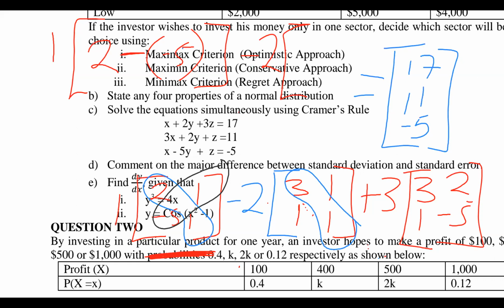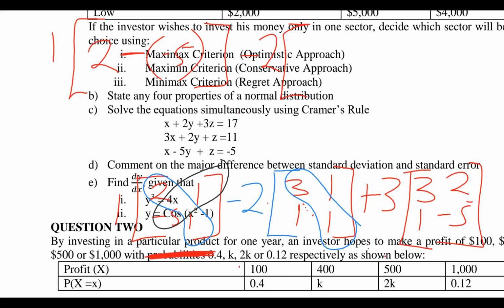So you can say 3 times 1 is 3. And what is 1 times 1? Negative 1, right? Minus negative 1.